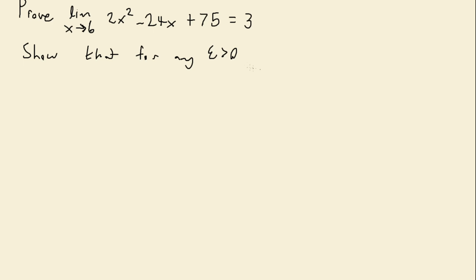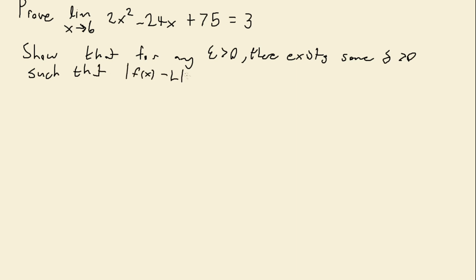And so just like before, we're wanting to show that for any epsilon greater than 0, there exists some delta greater than 0 such that the absolute value of f of x minus L is less than epsilon, and the absolute value of x minus A is less than delta.